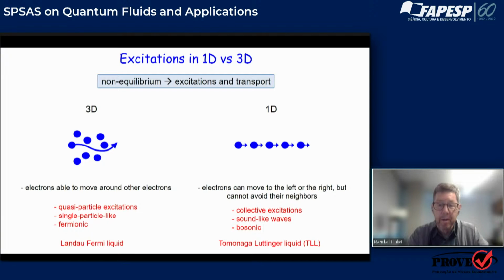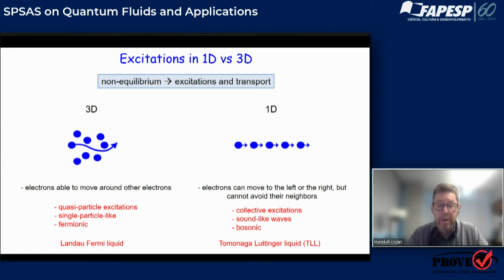And so the excitations are collective rather than quasi-particle-like. They turn out to be sound waves, and they're bosonic in nature. They're not the fermionic electron excitations, they're a bosonic excitation.